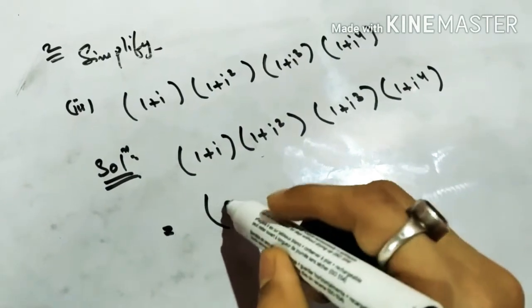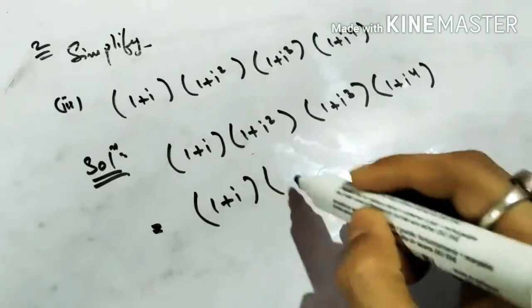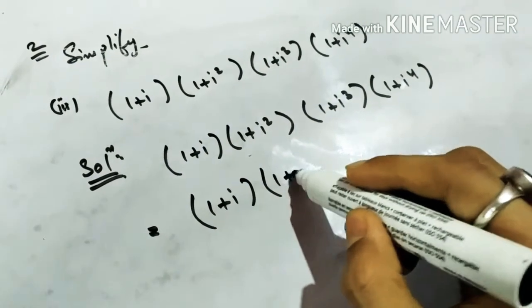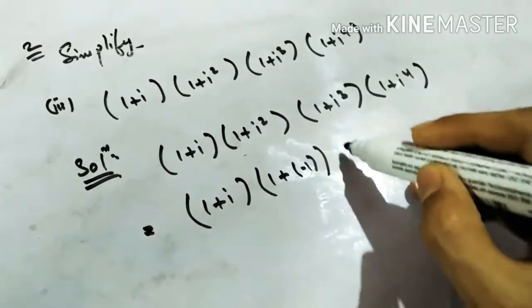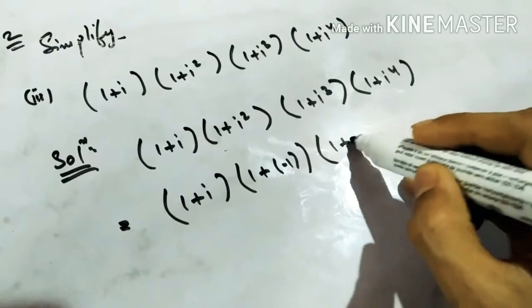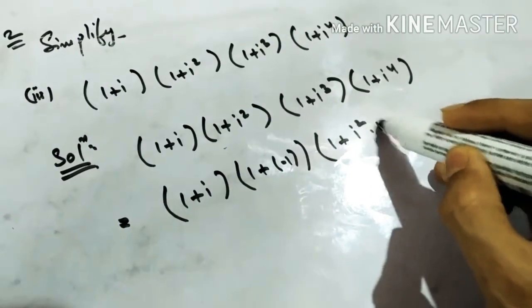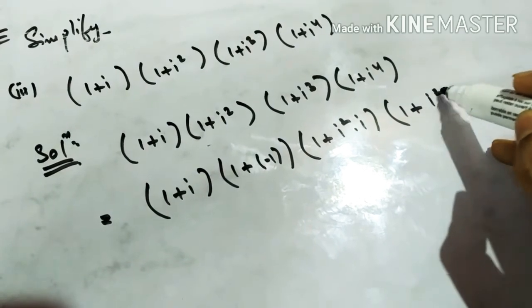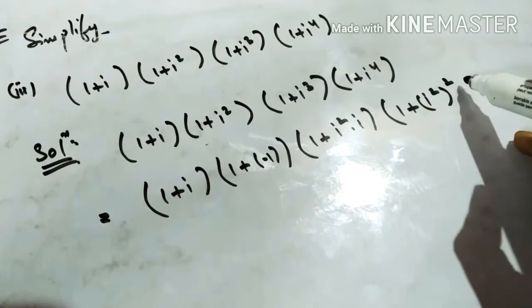So now 1 + i, this will become (1 + i)(1 + (−1))(1 + i²·i)(1 + (i²)²).